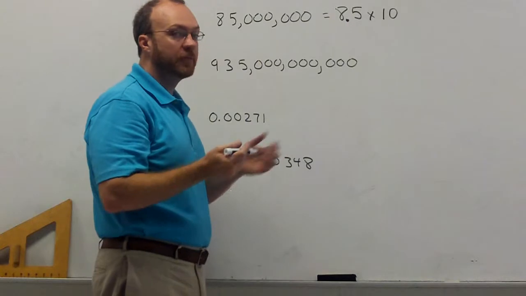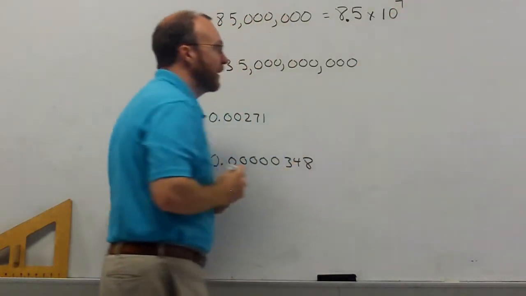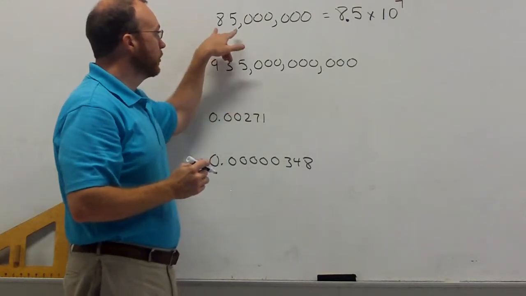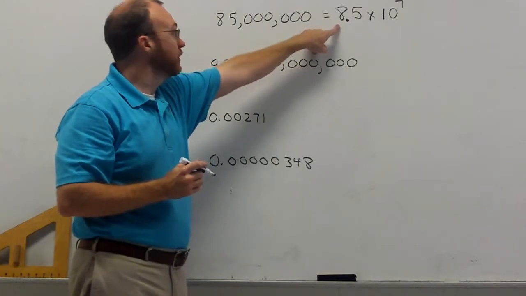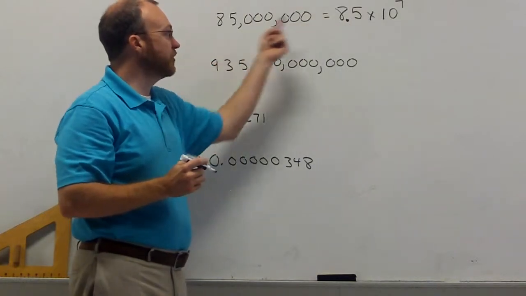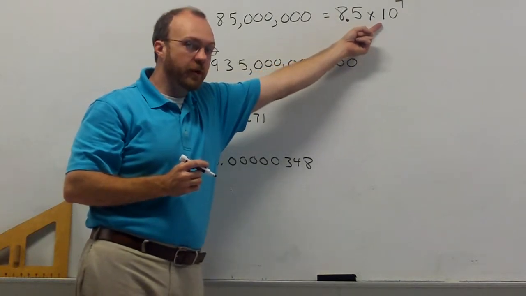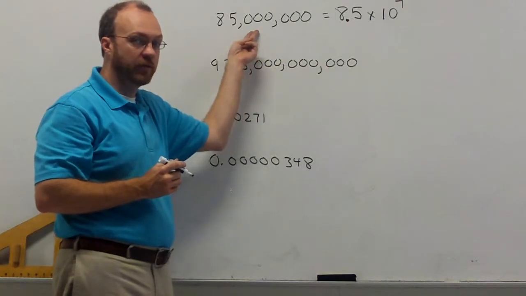In fact, we can multiply this by 10 7 times. So we can multiply this by 10 to the 7. So if we have a number, we take the first significant digit and write it in front of the decimal. We take any other significant digits, write them after the decimal, and then we multiply by an appropriate power of 10 to make this equal to what we started with.